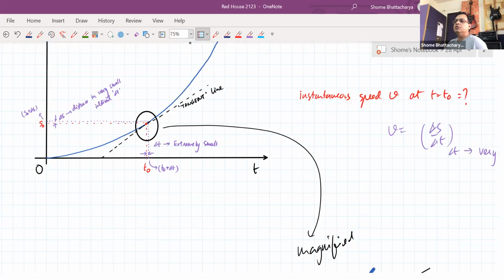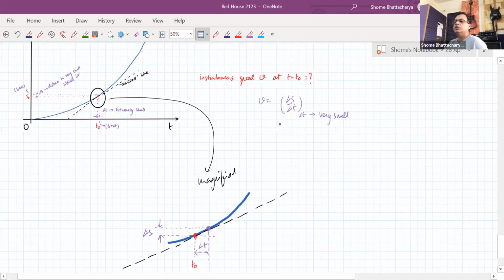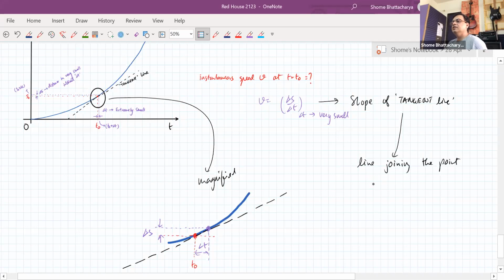So geometrically, what does the meaning of this become? It is the slope of the tangent line. Okay. So what is the tangent line? The tangent line is a line joining the point at the instant t equal to t naught with another point extremely close to it.